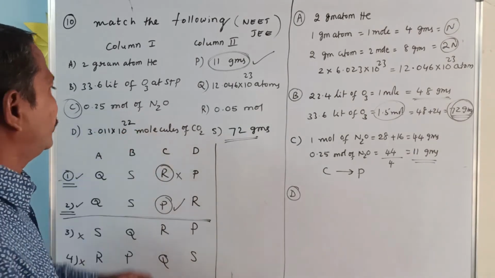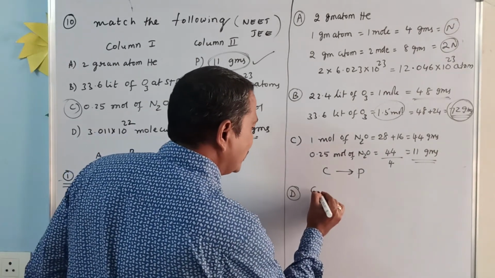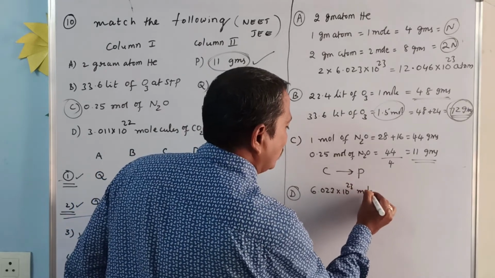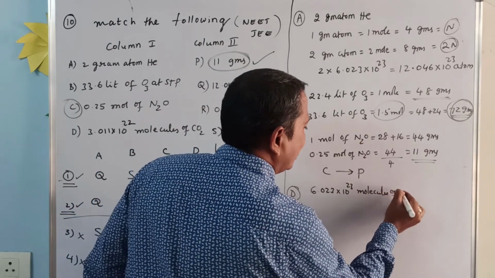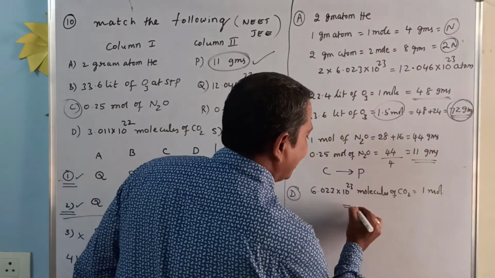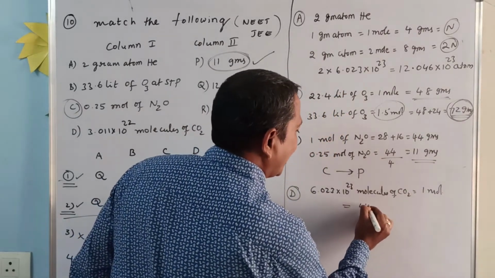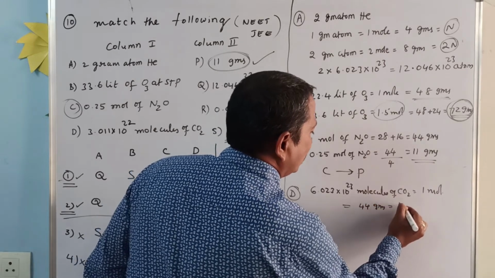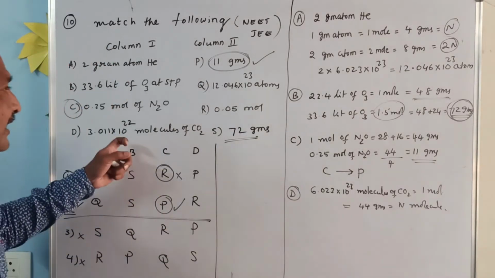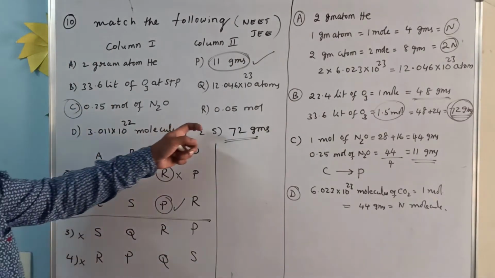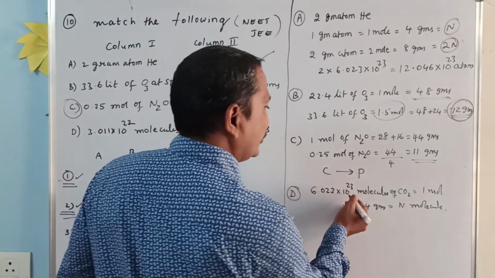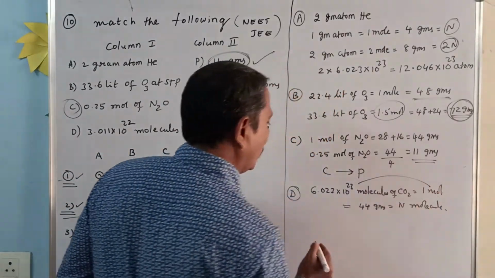3.011 into 10 power 22 molecules of CO2. What we know? 6.023 into 10 power 23 molecules of CO2 is equal to 1 mole, that is equal to 44 grams. But here the answer is 0.05 mole, answer in mole. 6.023 into 10 power 23 is equal to 1 mole.